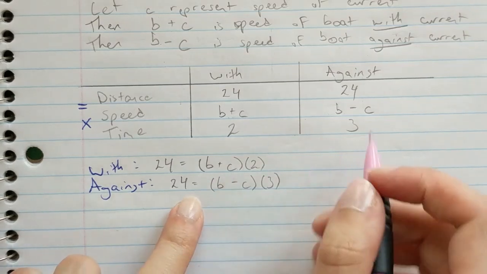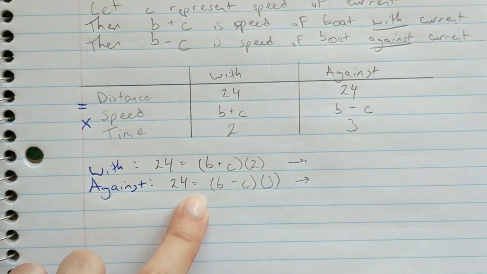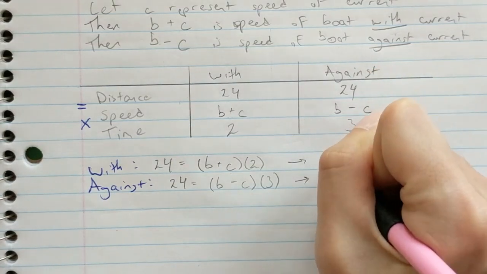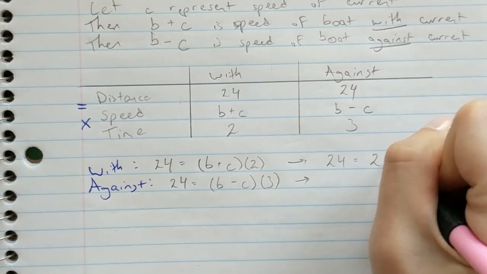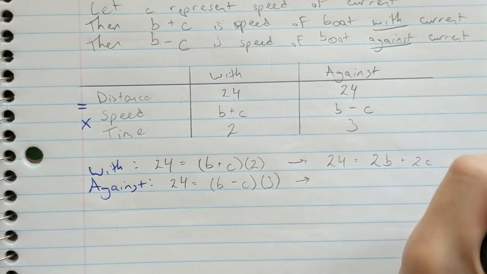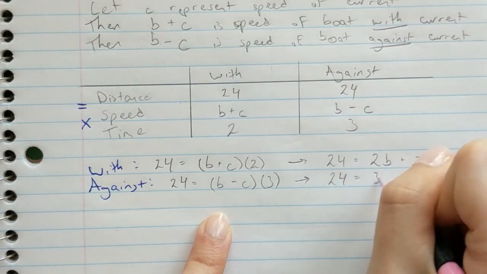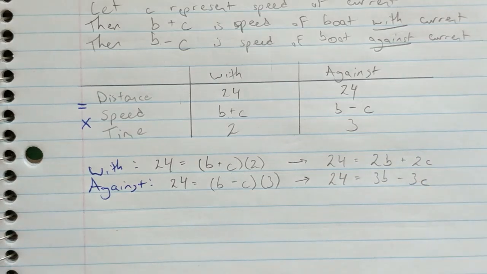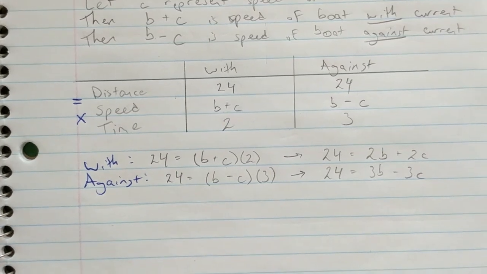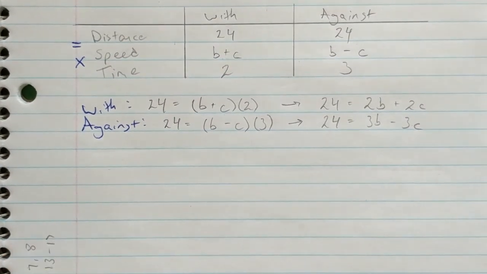I'm going to expand both of these to remove the brackets. 24 is equal to 2B plus 2C, and 24 is equal to 3B minus 3C. Okay, not so bad. Once again, I'm going to solve these by elimination. No, you know what? I'm going to do substitution. Why not?